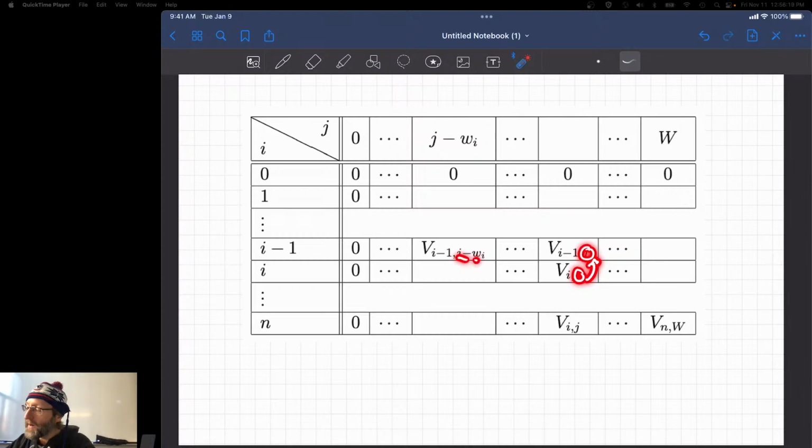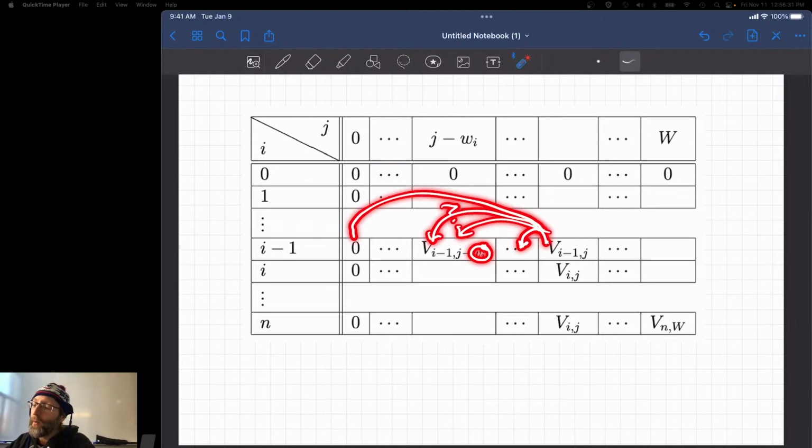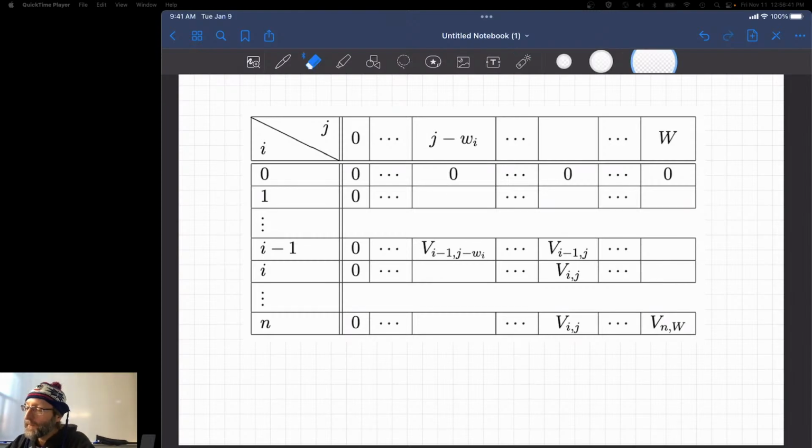And then V sub I minus 1, j minus wi, is going to be in the same row somewhere over here. I don't know where. It all really depends on w sub I. It could be 1 column over, it could be 5 columns over, it could be all the way back at the beginning. If it's infeasible, where is it? It's outside this table. That's why we don't consider it. So this value depends on this one and this one. You're taking the max between these two.